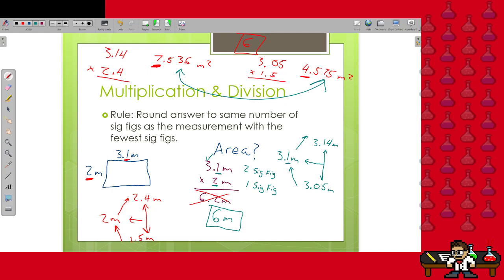So when we multiply these together, we do 3.1 times 2, which would give us 6.2, but we round to the lowest number of significant figures, where our 2 had one significant figure, so we're going to round to that first significant figure, and 6.2 is going to round to give us 6.